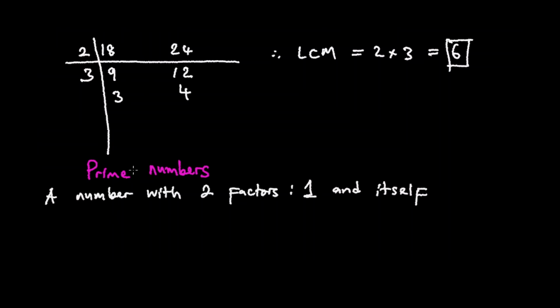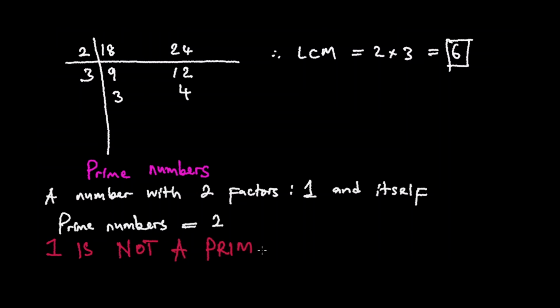If we want to write a list of prime numbers, what do you think is the first prime number? It is important to know that 1 is not a prime number, and they always ask about this. Let me write it in red and in bold. 1 is not a prime number.